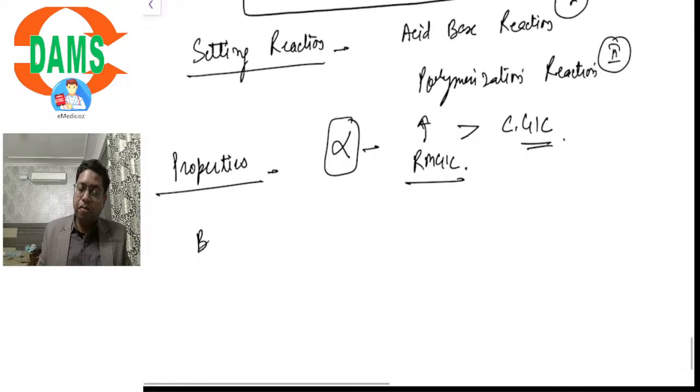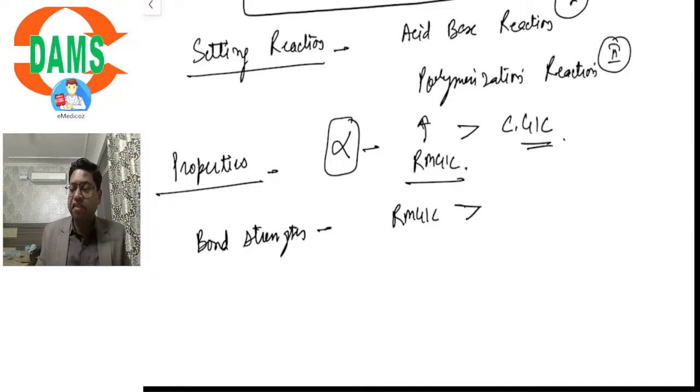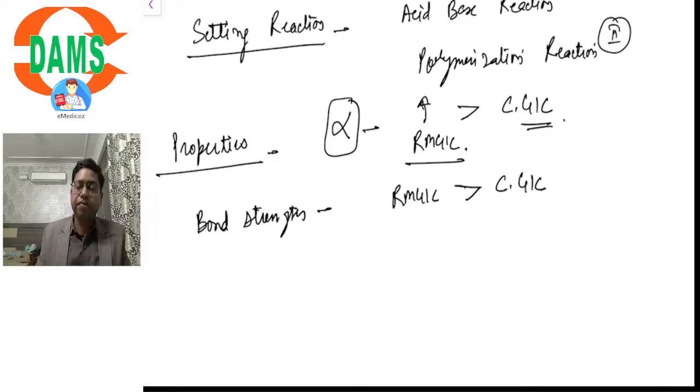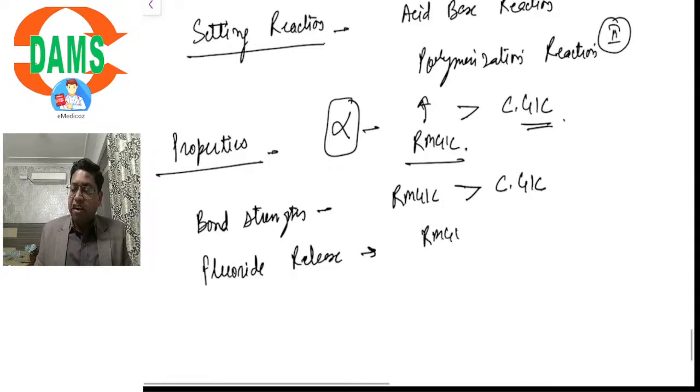If we talk about bond strength, that of RMGIC, resin modified glass ionomer cement, is greater than conventional non-modified GIC. If we talk about fluoride release, then RMGIC releases almost a similar amount of fluoride as compared to conventional GIC.